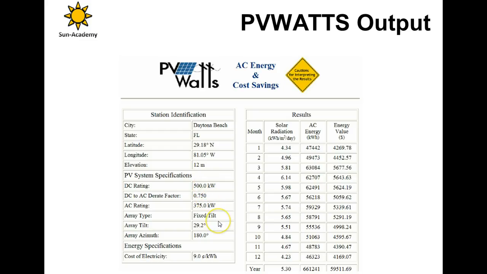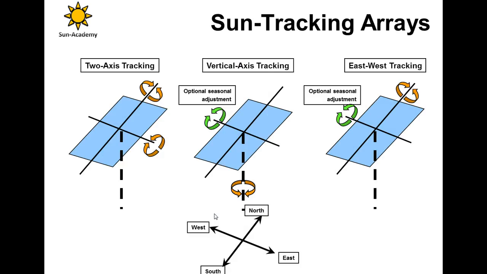This is a fixed tilt system with an array tilt of 29 degrees, an array azimuth of 180, which means that it points due south. The results show by month 1 to 12 the solar radiation per day, the AC energy generated for this system, and the energy value based on a cost specified by the user.